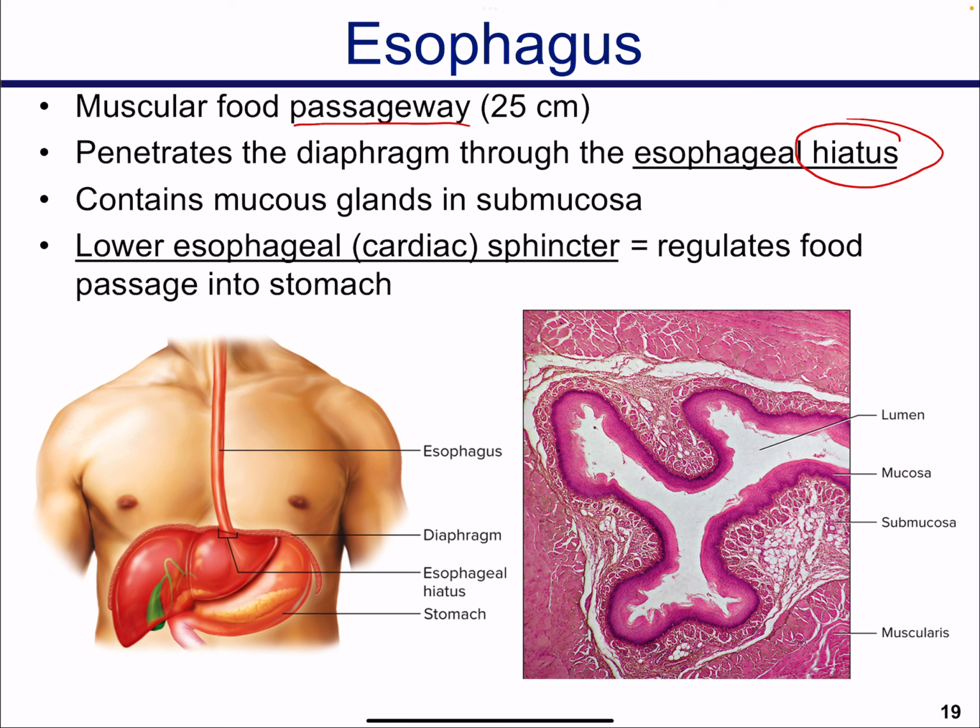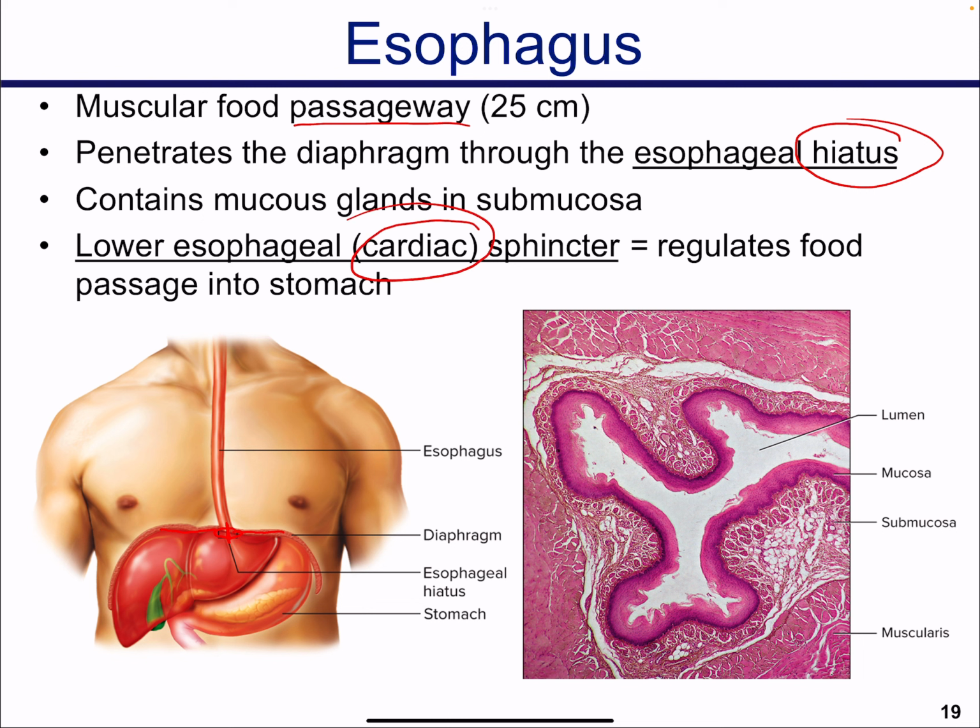The esophageal hiatus, it's actually the little opening in the diaphragm, so here is the diaphragm right here, right? You have a little opening that allows the esophagus to go through so that it can go in the intestine, okay?